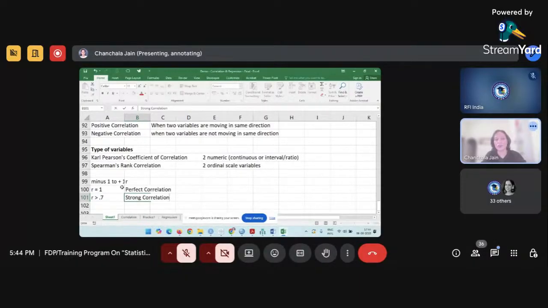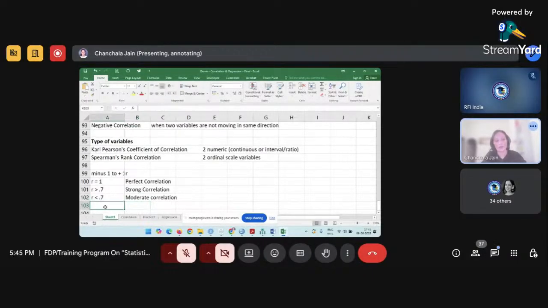Again, strong positive or strong negative according to the sign of the value, right? When r is less than 0.7, it is moderate correlation. And when r is less than 0.5, it is low.